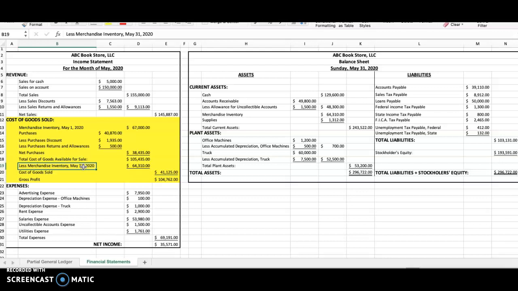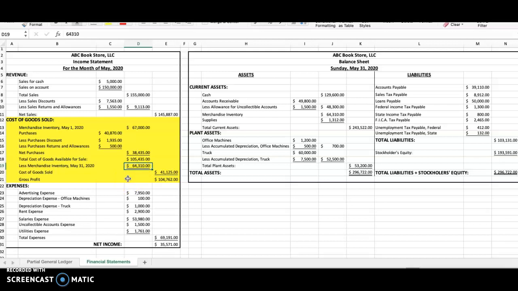Merchandise that is unsold. So we've just calculated the amount available for sale, and you may need to go back again and walk through this with this video to see how this 105,435 is calculated. Then when we take inventory, we determine that we have still on our shelves 64,310.